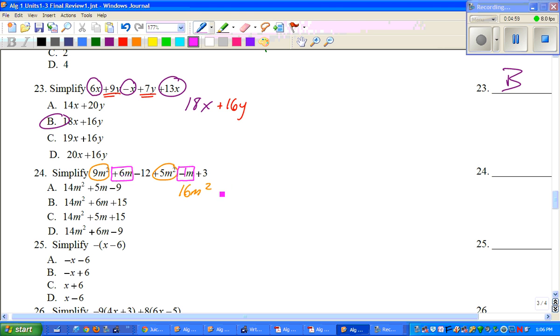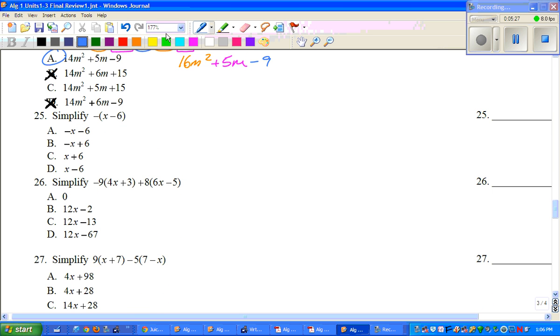So remember that's 6 minus 1, which gives us 5. Okay. And now if you start skimming through your answers, you can cross out B and you can cross out D. All right, and the last thing is negative 12 plus 3. Negative 12 plus 3 gives you negative 9. Okay, so A is the answer to that one.